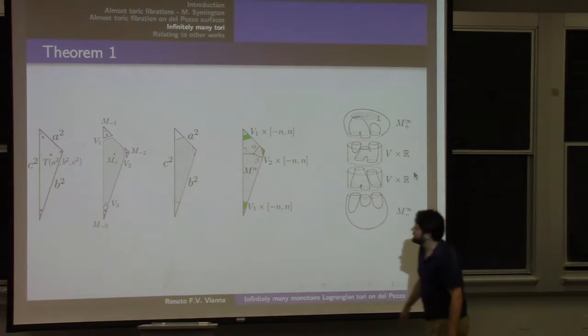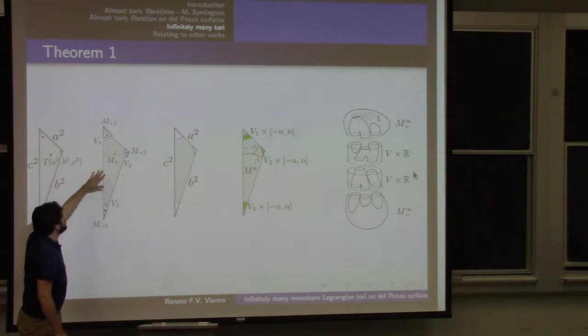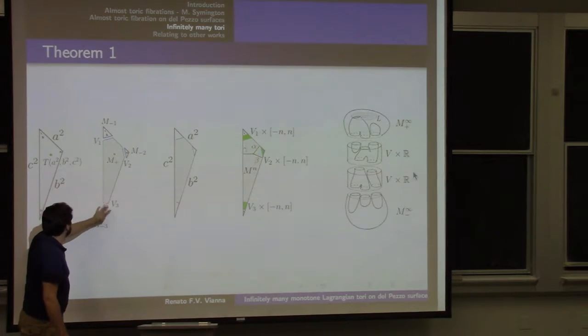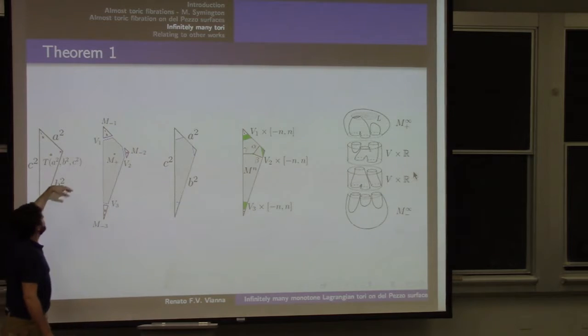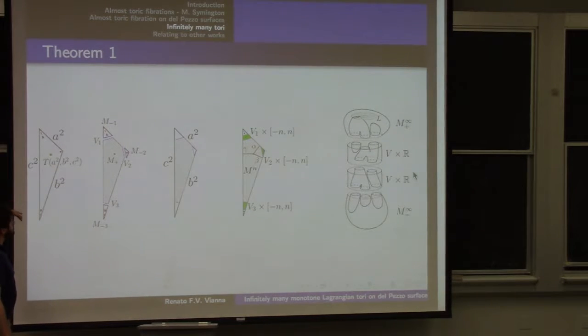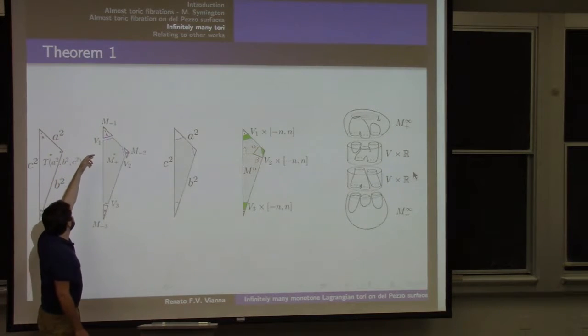We look at these almost toric fibrations, and then we see that the boundary, the surface that lives over these blue cuts here, will be contact; they are actually some lens space.